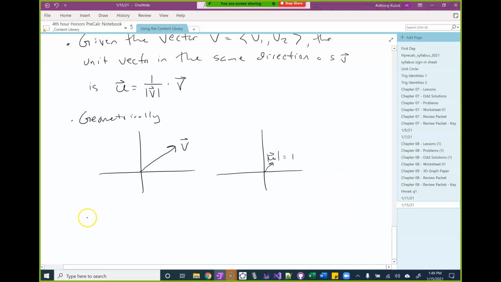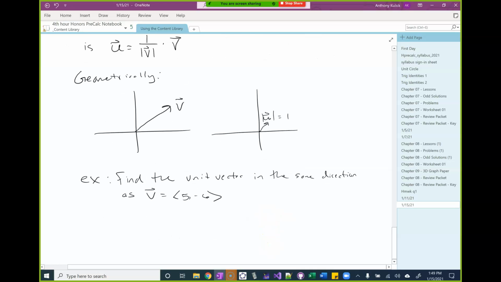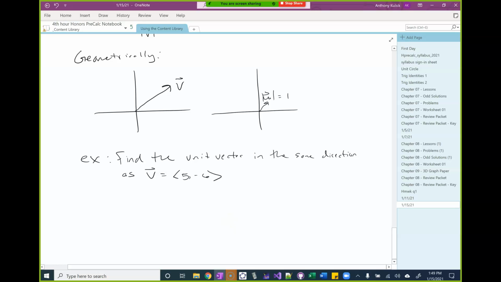Let's look at a numeric example of doing that, just to practice. So let's say we're asked to find a unit vector in the same direction as this vector v, which has component form 5, -6.